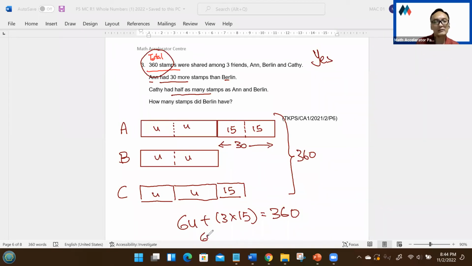So 6 unit, I'm sure you know that 3 times 15 is 45. And this is equals to 360. Right? Yeah, Vishwa, you're correct. So now can you find for me what's the value of 6 unit? Can you find the difference between 360 and 45?